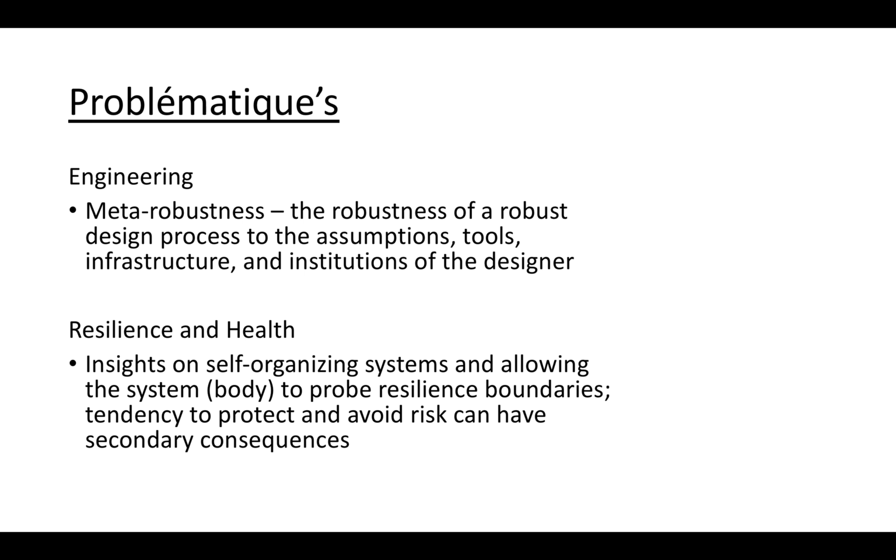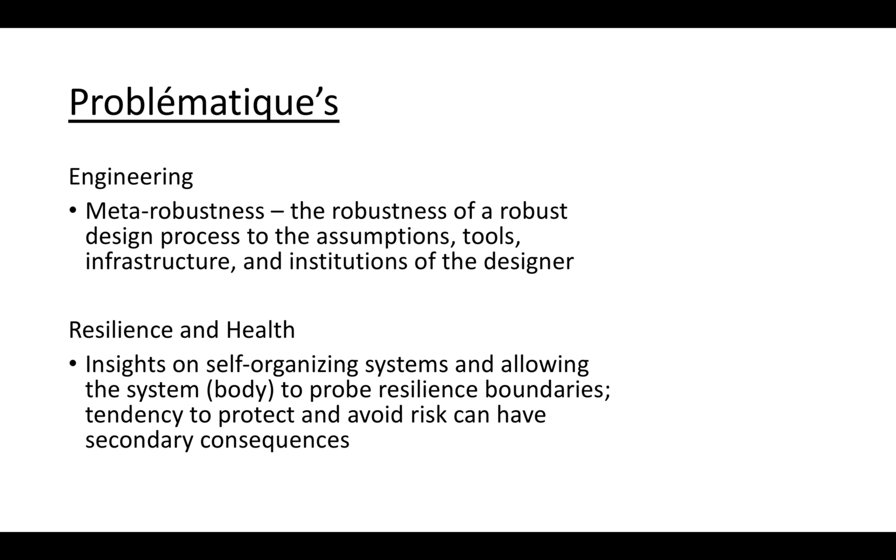In engineering, there's a really interesting discussion on meta-robustness, which refers to the robustness of a robust design process. So typically in engineering resilience, we think of the design being robust or resilient to change. This term meta-robustness is referring to the robustness of the actual design process.